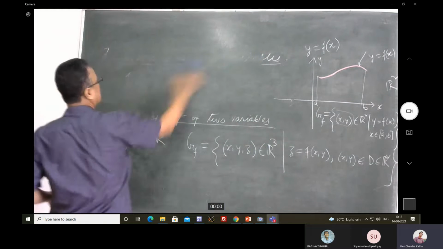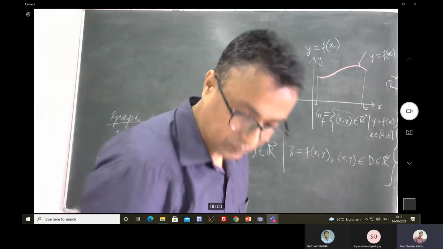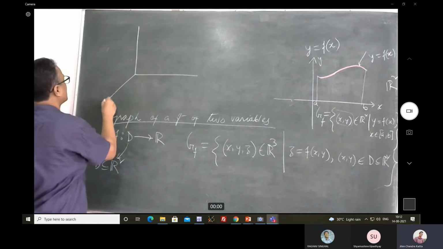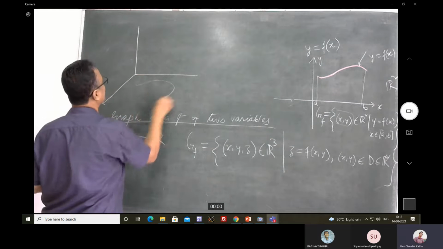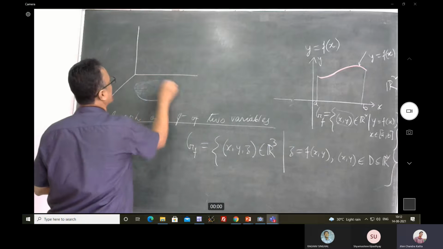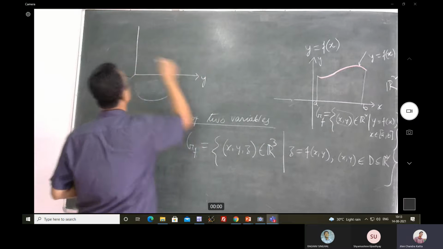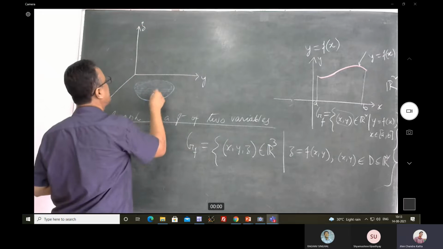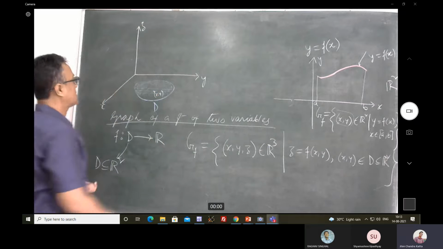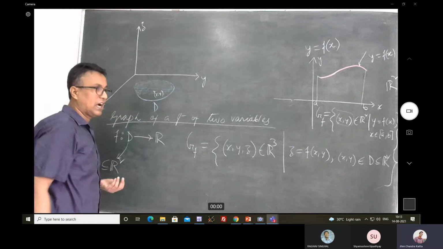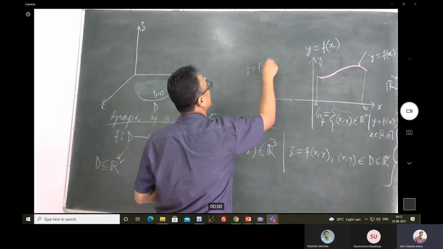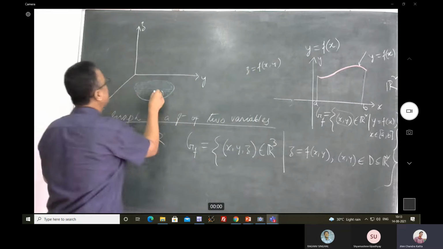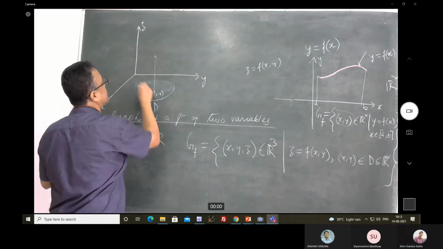Okay, fine. So how can we visualize it? Suppose this is my domain of definition of a function of two variables, and let me call it D. For each point belonging to this domain, if z is equal to f of (x, y), then I get a point at a height z from the xy plane.